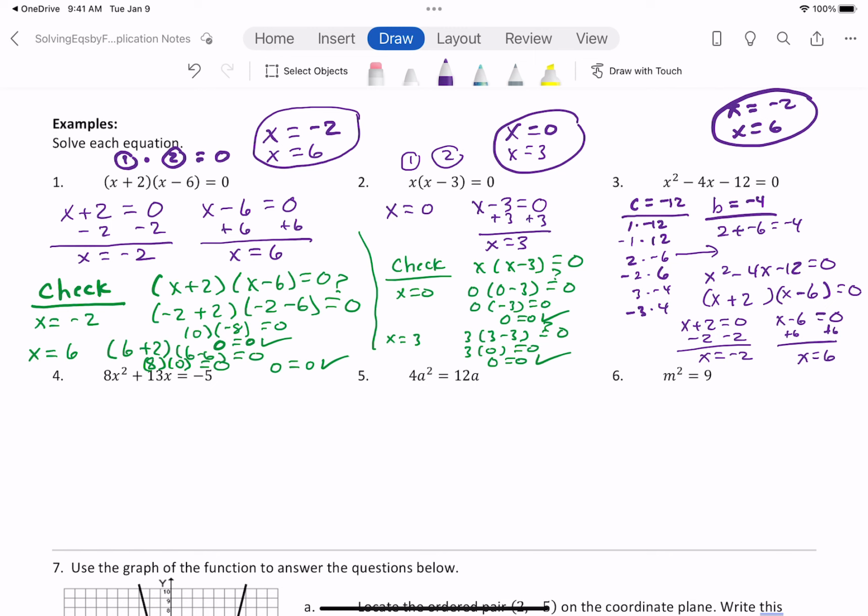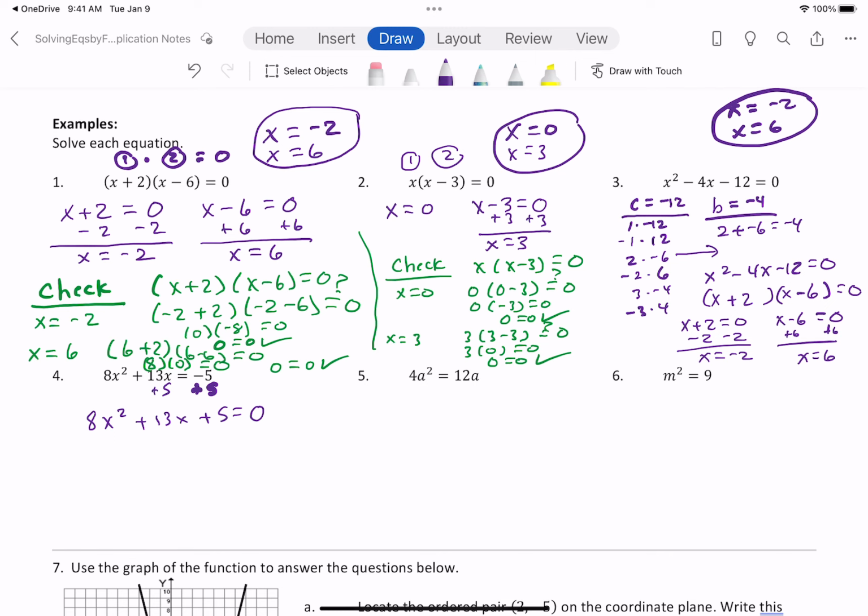So the only thing the equation can be equal to is 0. So if it's not, that's always our first step, is to rearrange or manipulate the equation so that the equation is equal to 0.